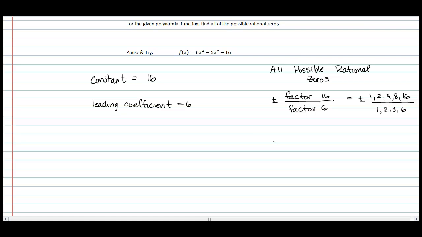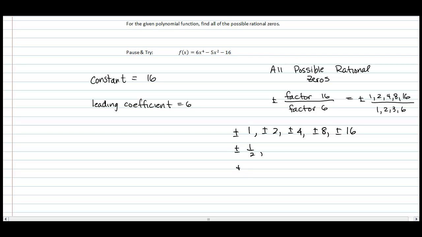So I'm going to pair up the factor of 16 with the factor of 1. I want to take the factor of 16 and divide it by 2 and not repeat itself.